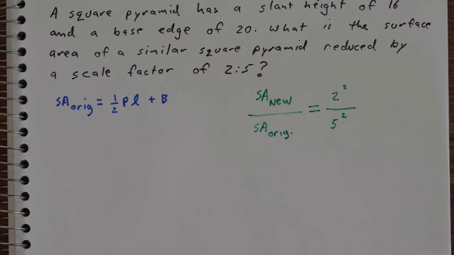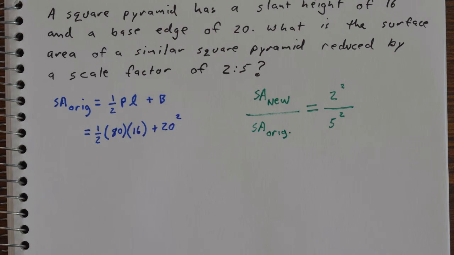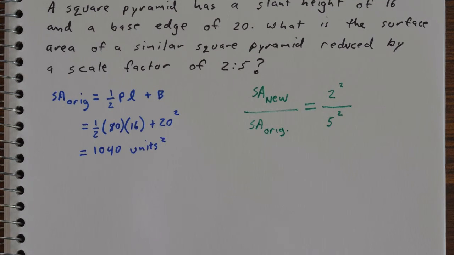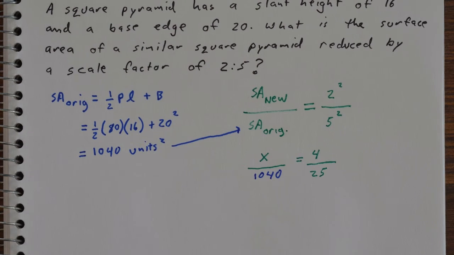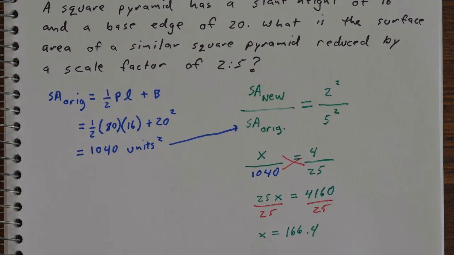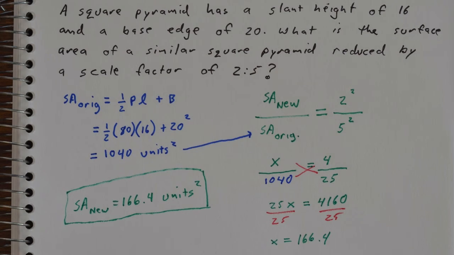And so the surface area of the original we can find using 1/2 perimeter times slant height plus the area of one base. And so that gives us 1,040 square units. We'll sub that into our proportions calculations and solve for the unknown. And so therefore the surface area of the new smaller pyramid will be 166.4 square units.